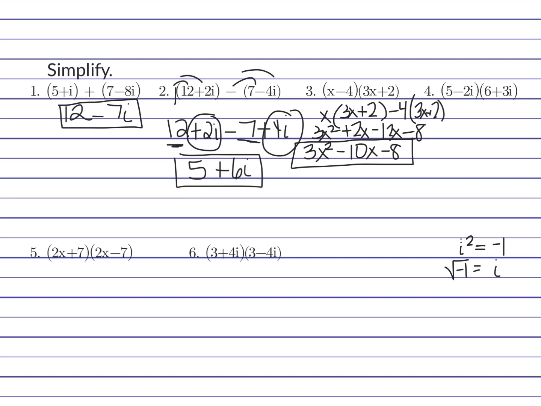So I'm going to use that same process that you did with binomials in Algebra 1, and I'm going to multiply 5 times the second binomial, 6 plus 3i. And I'm going to multiply -2i times 6 plus 3i.